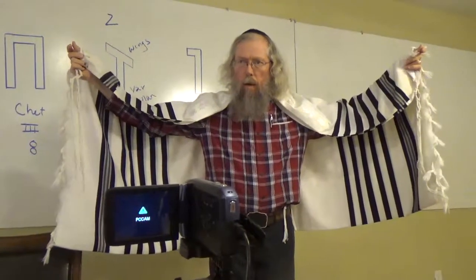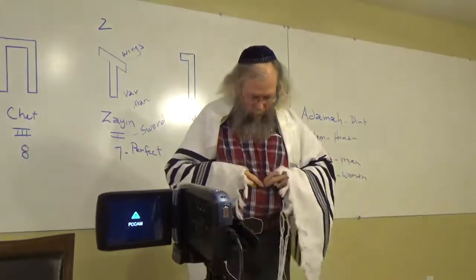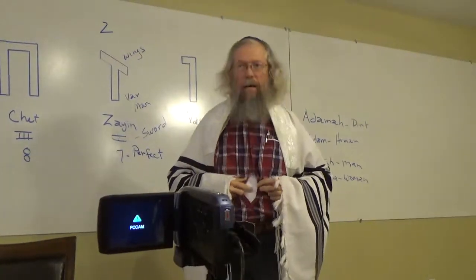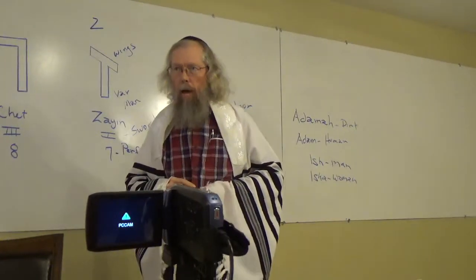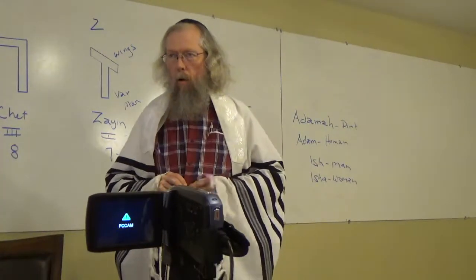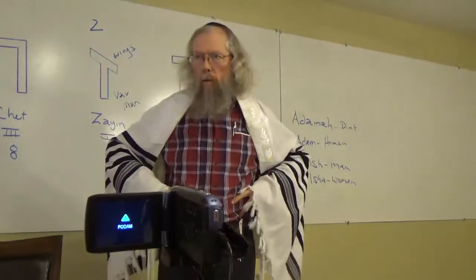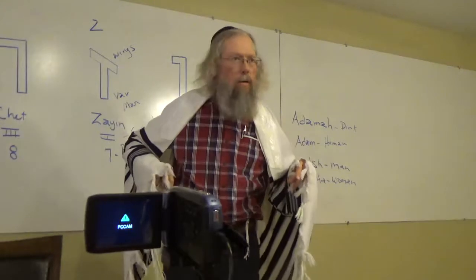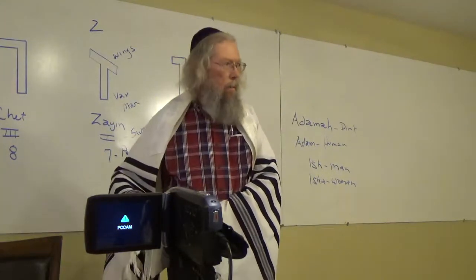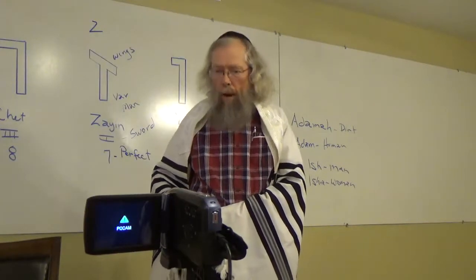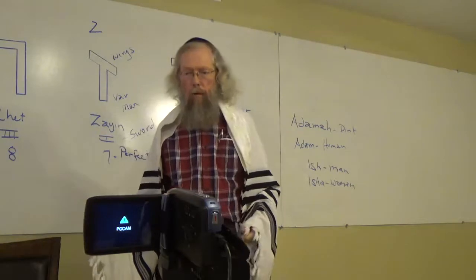Gadol means big. Underneath, I have what is called a talit katan. That means little. It's a four-cornered garment, just like this, except it's like a vest, and it's got the tzitzit attached to it, so that when I look at them, I will remember to do all that he has commanded me.